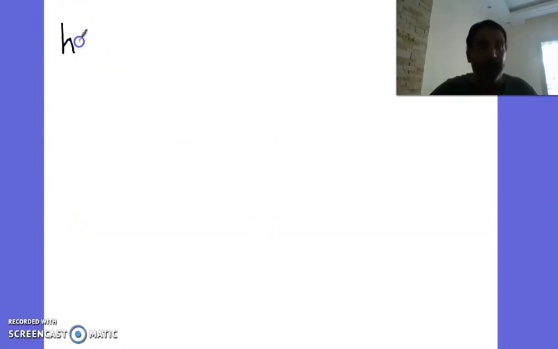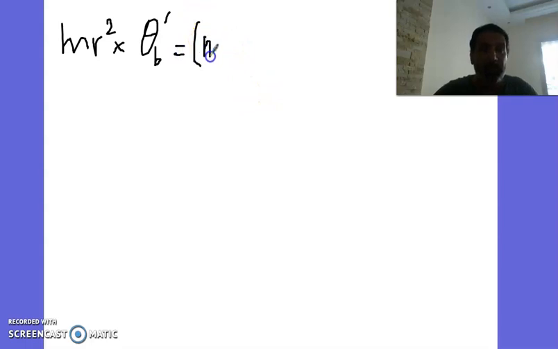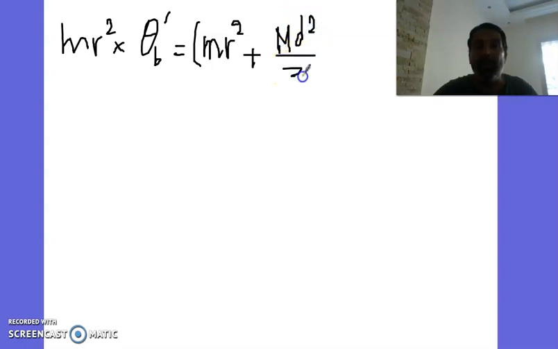So m r squared times theta prime for the bullet is equal to m r squared for the bullet, plus m d squared over 3, this is I for the door, which is given, times theta prime.